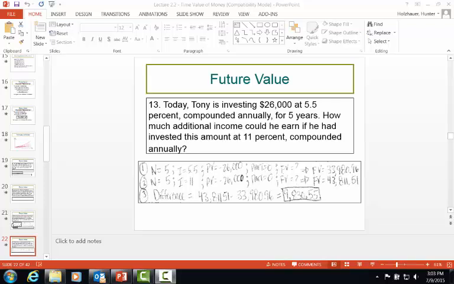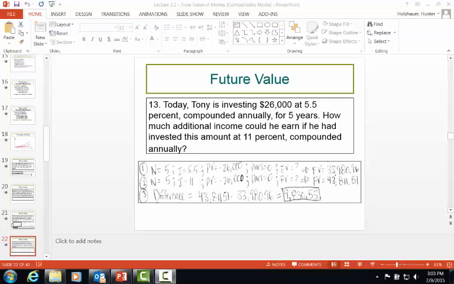So using your time value money buttons, you're going to put N equals 5 both times, and the I is where the difference is. The first time you're going to try 5.5%, like pretend that might be a bond fund or something like that. And then the second time you'll use 11%, which is maybe more like a stock fund.